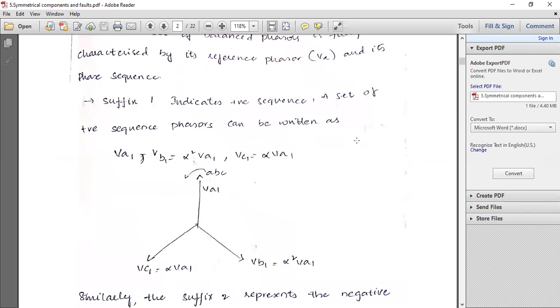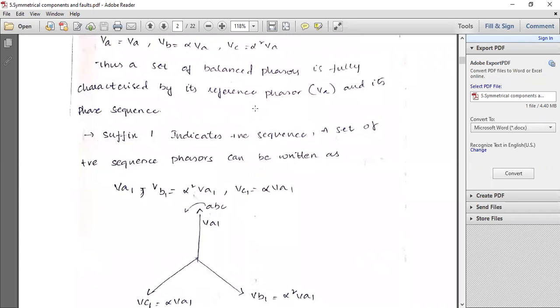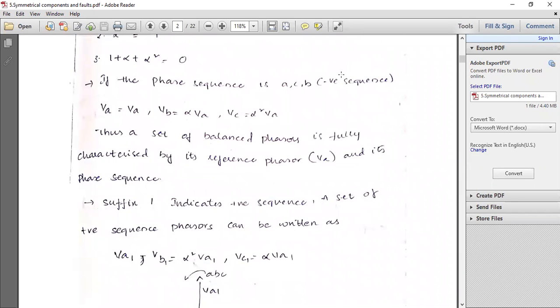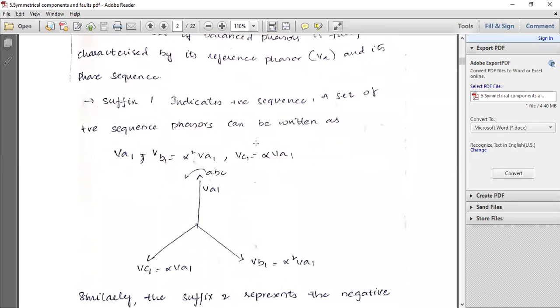Now you see here, ABC, the phase sequence.